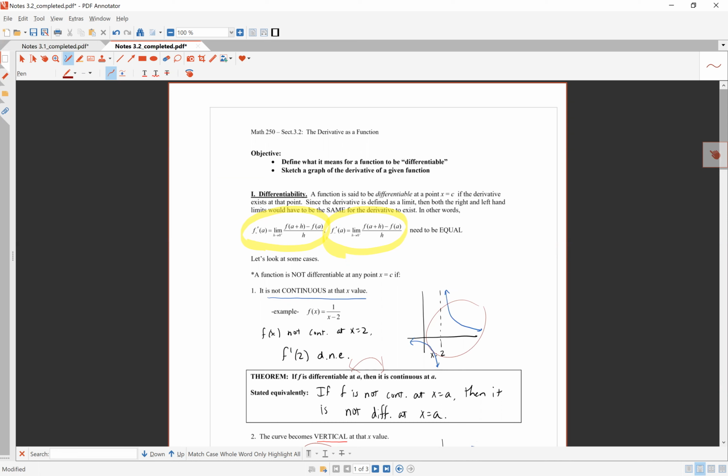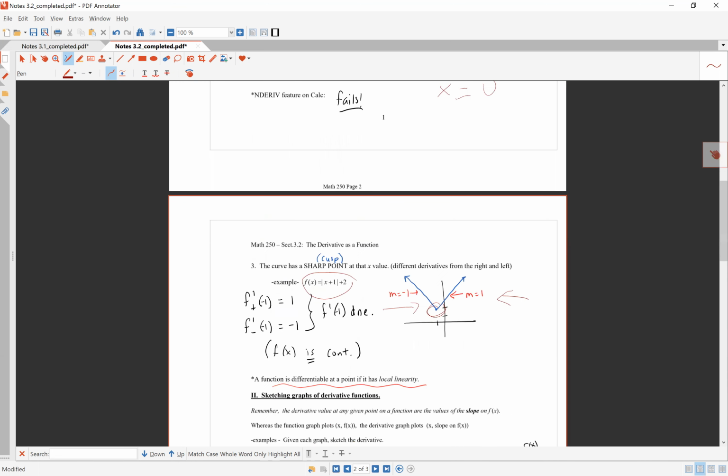And here's this great example right here, the absolute value. If you look at this peak right here, the function is definitely continuous there, right? You can just draw the graph without lifting your pencil. But remember, the derivative is essentially like the slope. If you look at this function, as you go to x equals -1 from the left, the slope is -1.